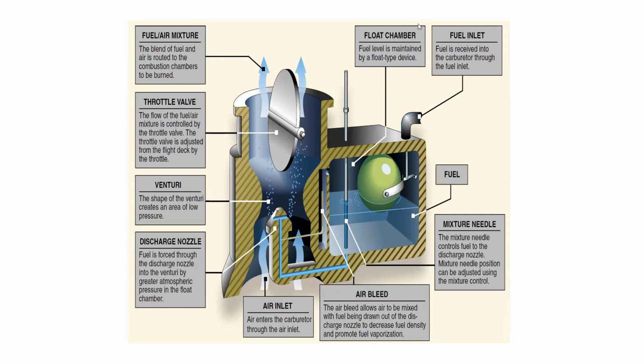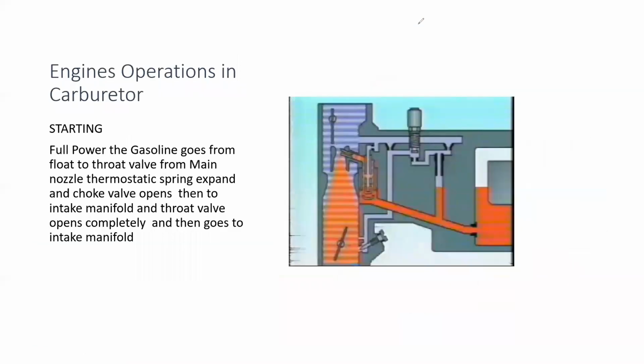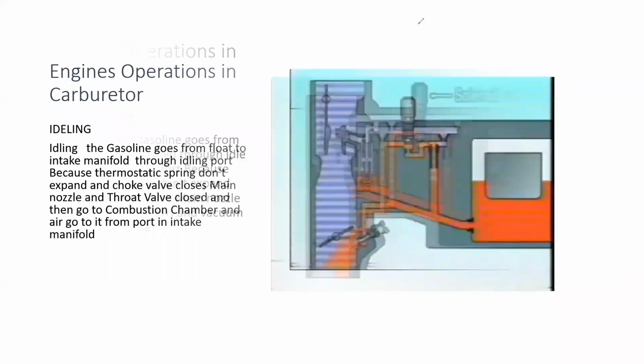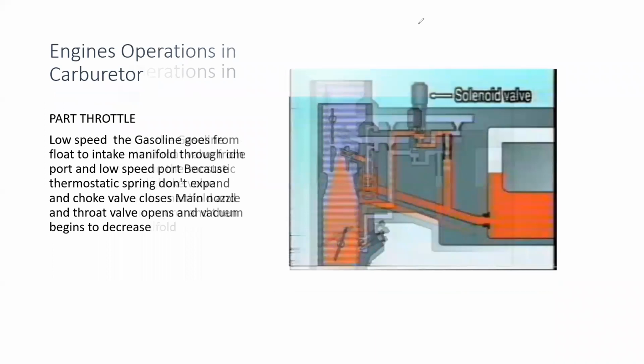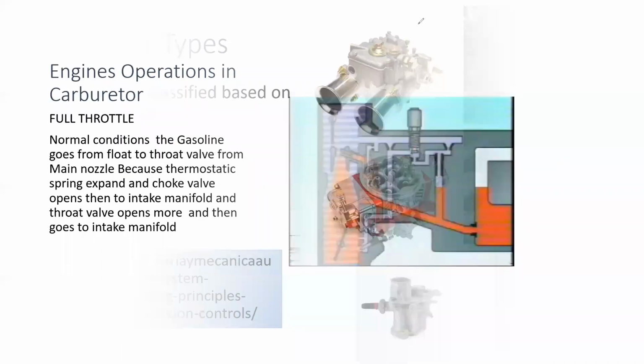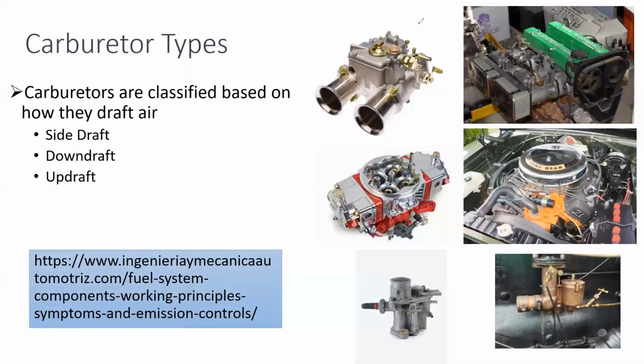So that's why we have different types of carburetors. Basically, the updraft carburetor was invented first. The reason being the machining accuracy in those days.